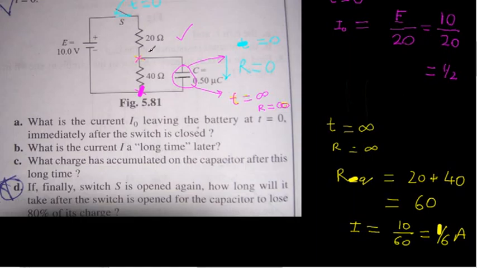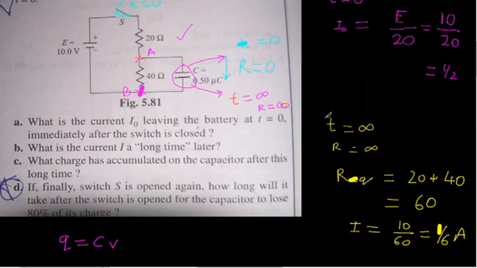Let's assume this point is A and this point is B. The potential difference between A and B will be the same as this. Then you have V, you have C, you can find out Q. Q is equal to CV, right? Only thing you need to find out is the potential difference.